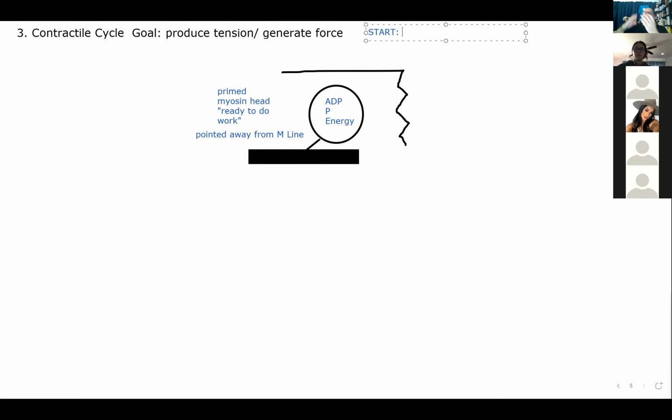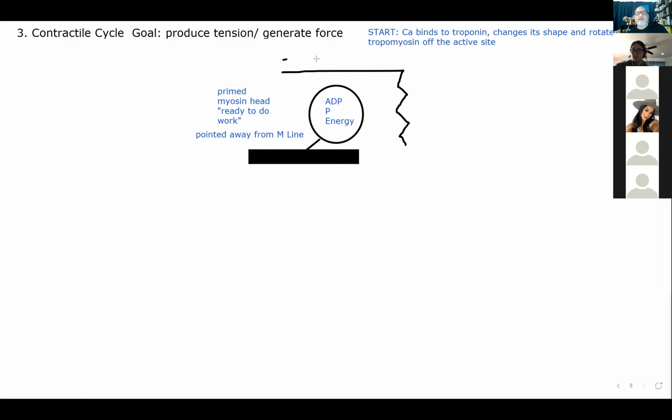Yeah, exactly. Remember, the end of process 2 is the beginning of process 3. So absolutely, the start is calcium binds to the troponin, changes its shape, and it rotates the tropomyosin off the active site. So that is how this process begins.